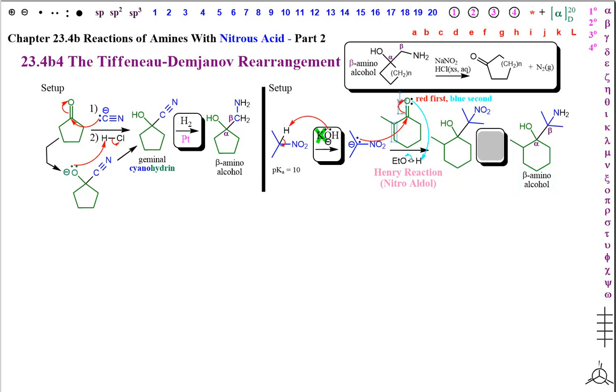First step, attack the carbonyl. Second step, lone pair grabs the H from the solvent, creating an ethoxide ion.